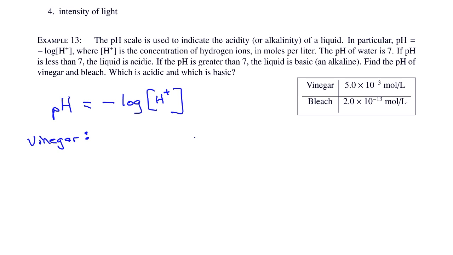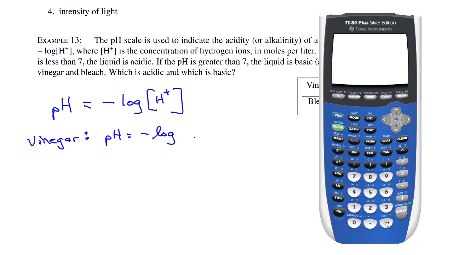So for vinegar, the pH would be negative common log of 5.0 times 10 to the negative third. And let me go ahead and tell you the answer. Then I will show you how to do it on your calculator in a moment. So that is 2.3. So since that's less than 7, that's an acid.